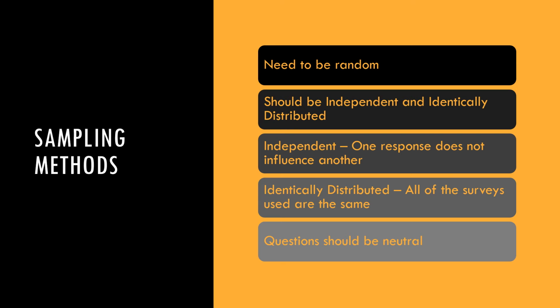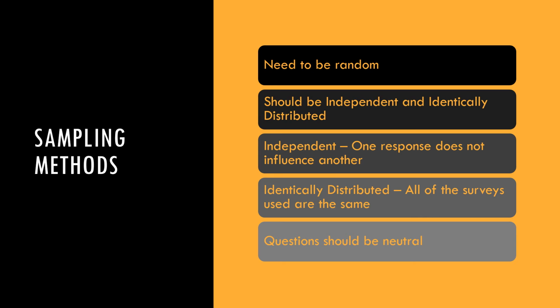Now, an important part of this is also your sampling methods. In order to say that you have good sampling methods and, as a result, useful data, they need to be random, which means you're not only taking volunteers, you're not picking and choosing who you use in your sample.